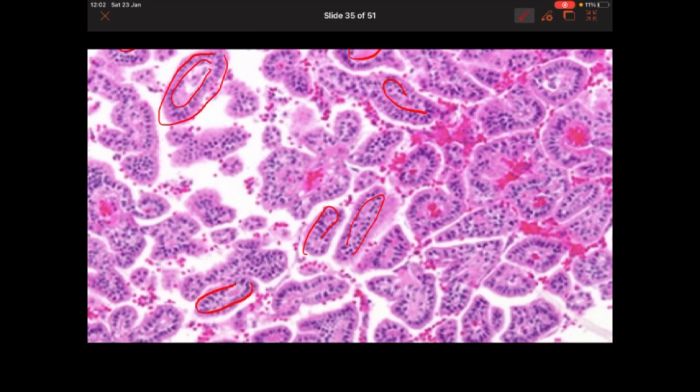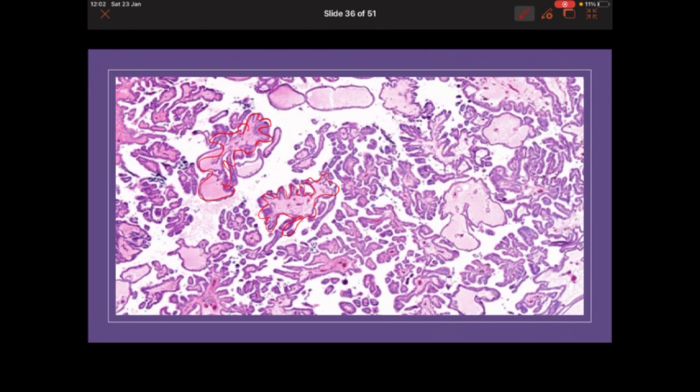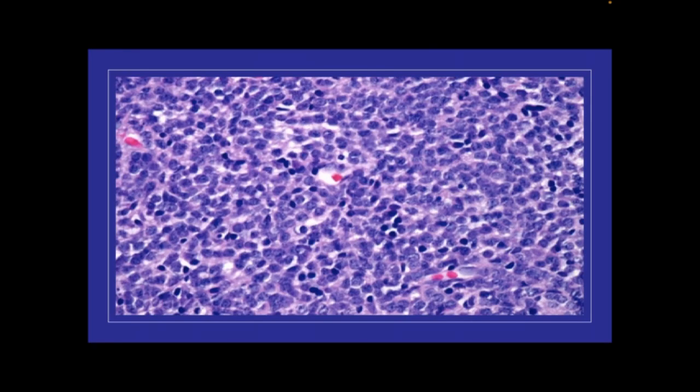These cells are bland, cuboidal to columnar, lacking mitosis. They usually occupy the ventricular system; they are located within the ventricles. Later we will see the virtual slide.